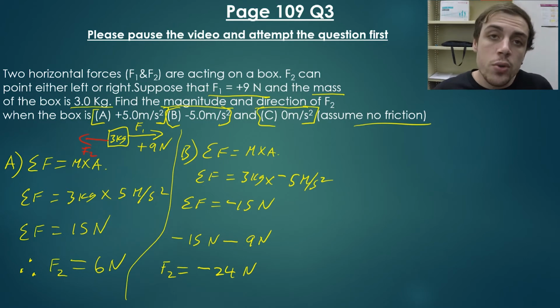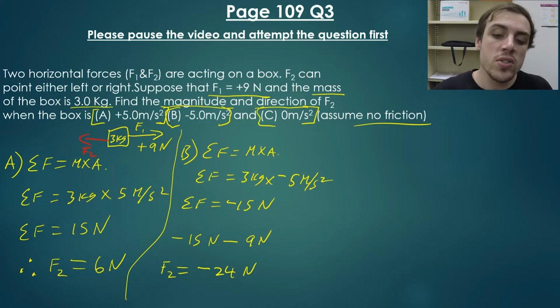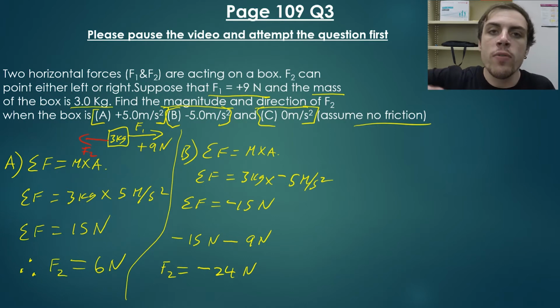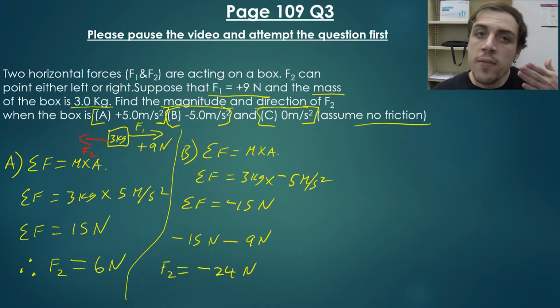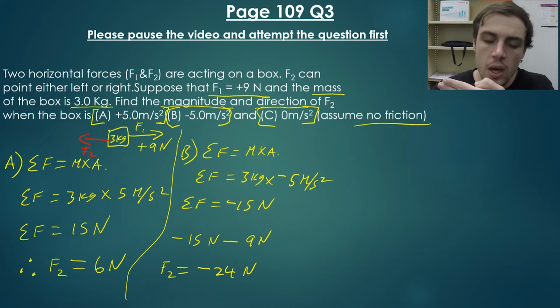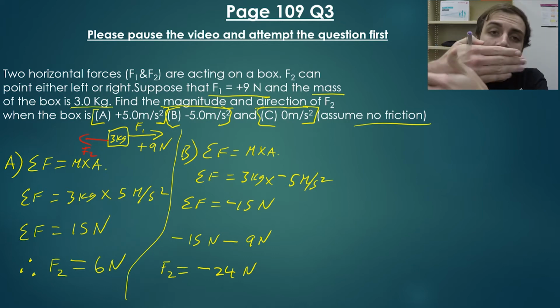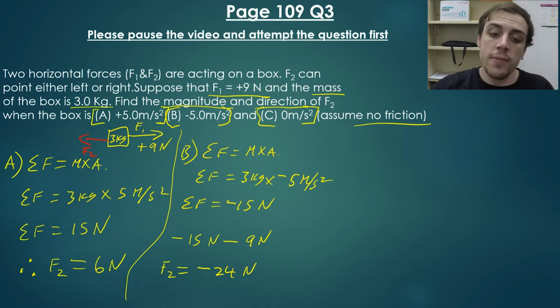This means that F2 must be negative 24 newtons, because not only does it need to have enough force to push the box in the opposite direction, but it also needs to overcome F1, because F1 is still pushing in that one direction by 9 newtons. F2 has to both counteract that F1 and push it backwards with enough force to accelerate the box by 5 meters per second squared in the opposite direction.